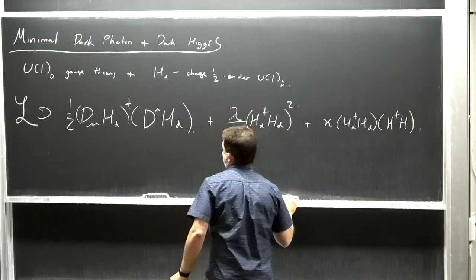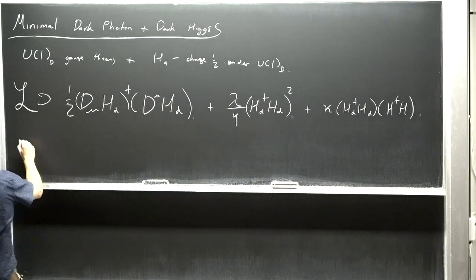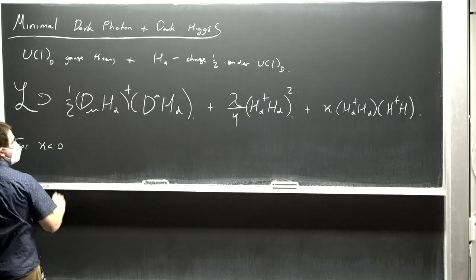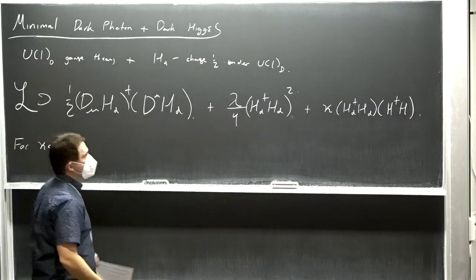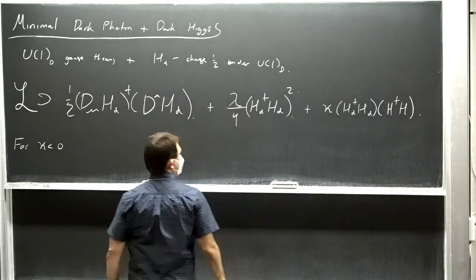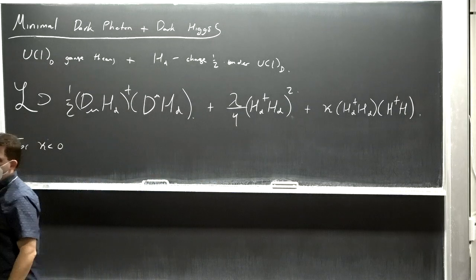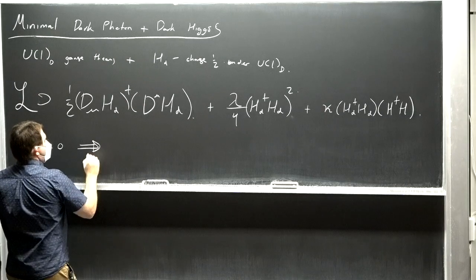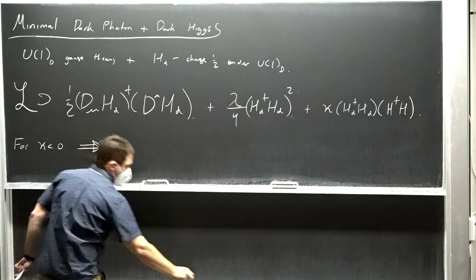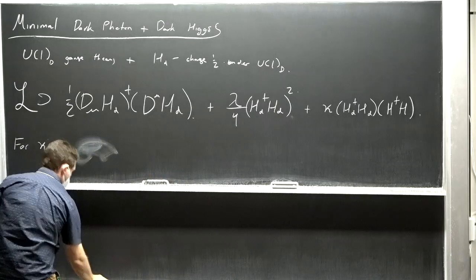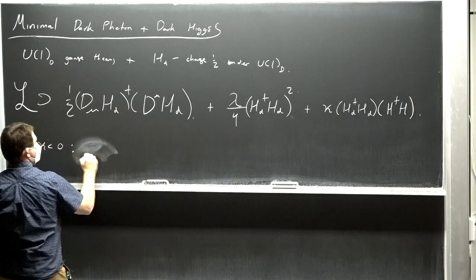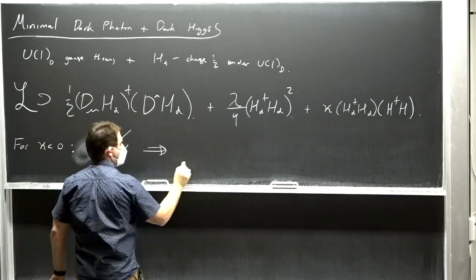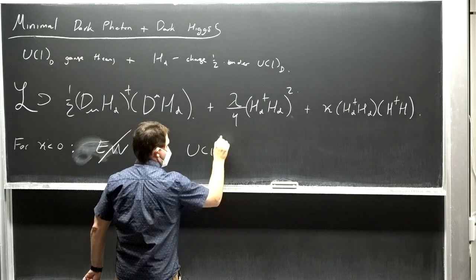Okay? And then the point is that for kappa less than 0 here, which is actually automatically the case for a particular linear combination of scalars in supersymmetric models, here it's just a choice, this means that electroweak symmetry breaking implies U1 dark breaking, okay?